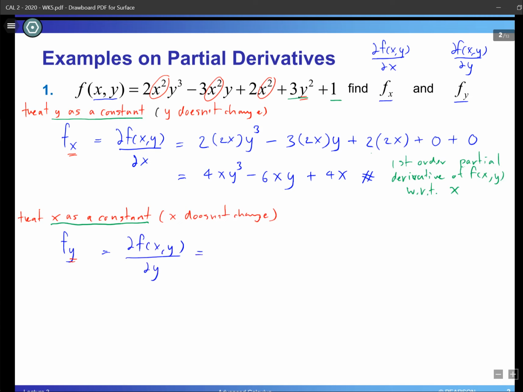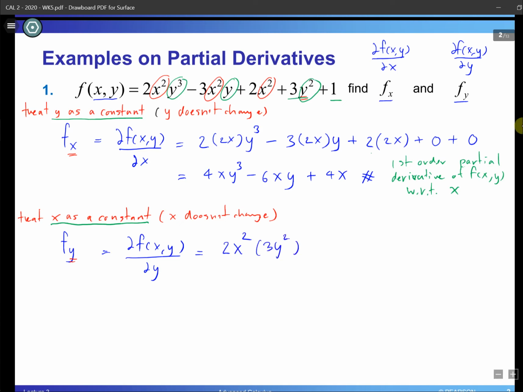Okay, so here we work with y, so we are going to focus on the y variables in the expression of the function. So y is right here, y right here, and y right here. So let's diff the first term with respect to y. The rest I treat as a constant. So 2x squared is constant, it stays the same. Now I need to diff y cubed, I get 3y squared.